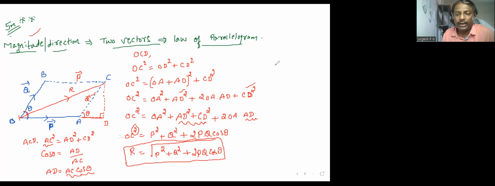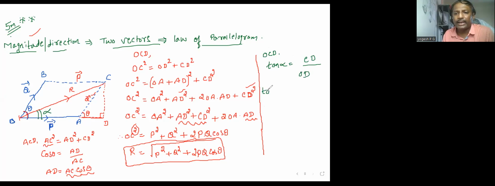Now, if you want to find the direction, we are going to consider that the resultant makes an angle alpha. So from the triangle OCD, what is tan alpha? Tan alpha is opposite CD by adjacent, that is OD.